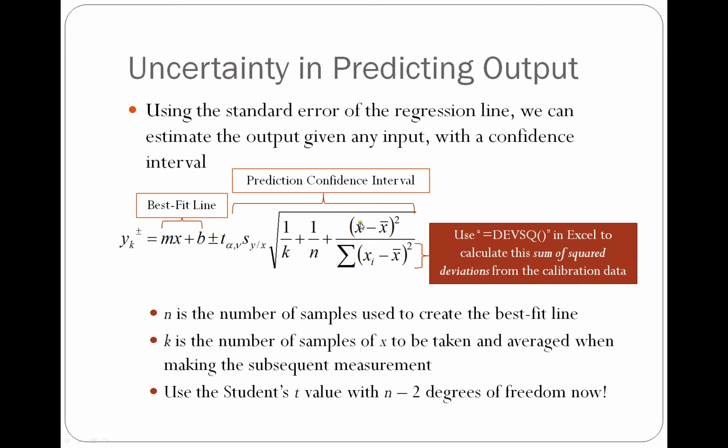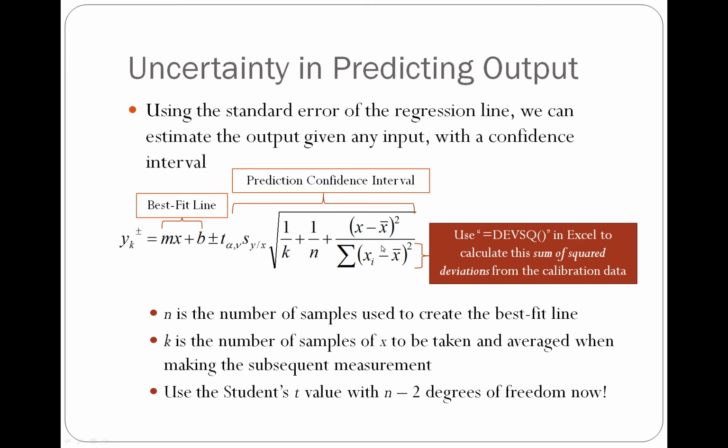So we take the load for which we would like to predict the voltage output for the load cell, and subtract from that the average of all of the inputs that were used to come up with the calibration line, square it, and then divide by the squared deviation in the x direction of all of the inputs. So we take all of the input values that were used to come up with the calibration line, subtract from that the average of all of the inputs that were used, square them, and add them all up.